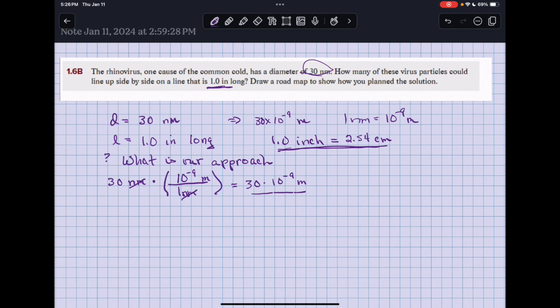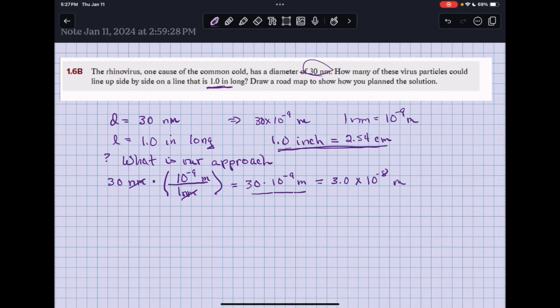So in any event, this is what I've got here. I've got 30 times 10 to the minus 9 meters when I multiply it through, all right? Or, if we wanted to put it in terms of our scientific notation, 3.0 times 10 to the minus 8 meters.